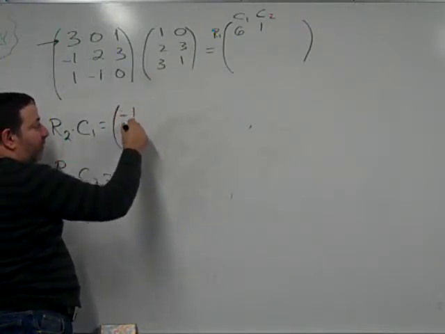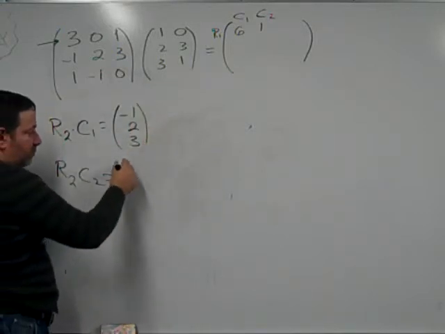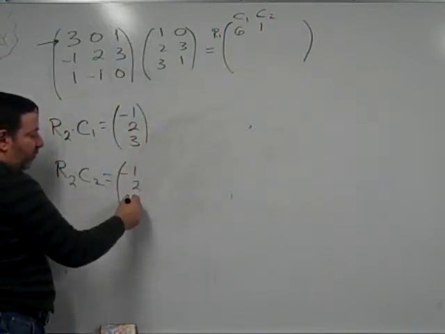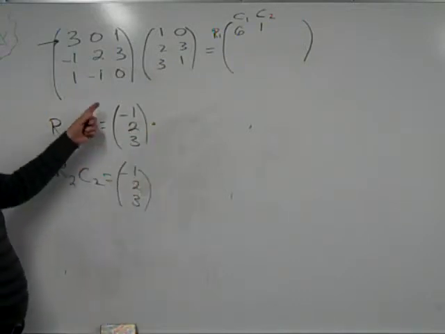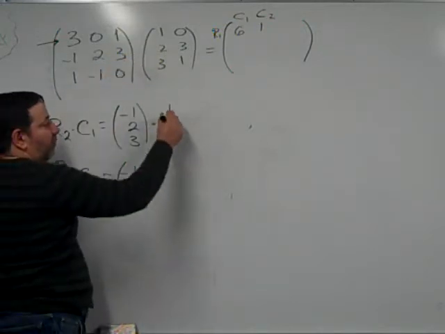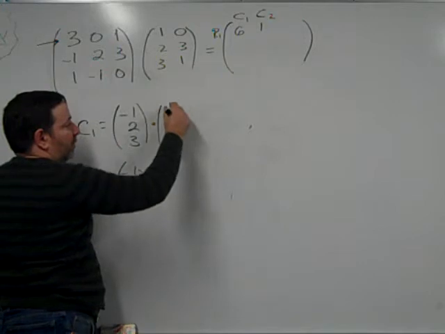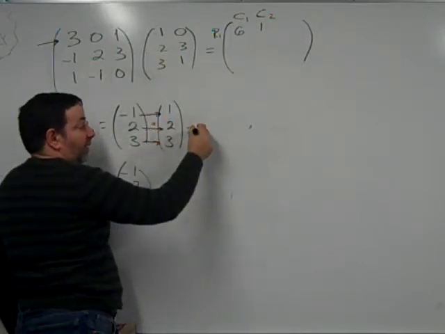But we write it vertically so we don't make any silly mistakes. Row 2, negative 1, 2, 3. And I dot it with column 1. Column 1 is 1, 2, 3. And I get negative 1 plus 4 plus 9.